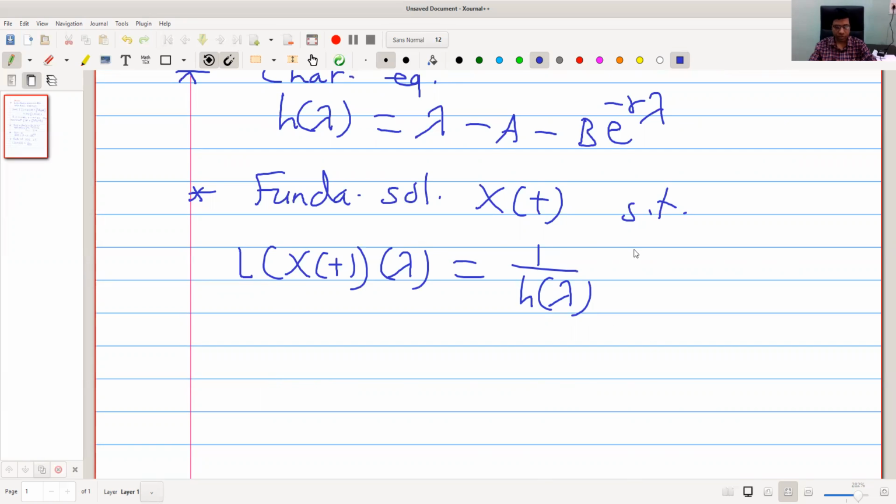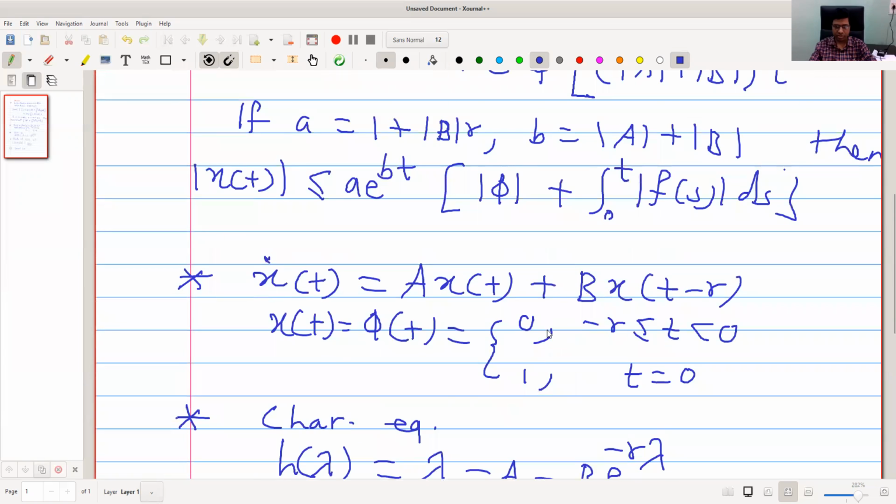Okay. Now we can see that for this fundamental solution, we have two things. First thing is the bound. The bound is norm of x of t is less than or equal to a e raised to bt. Okay, so it is a simple modification of this thing. Norm phi is 1 and f is 0.